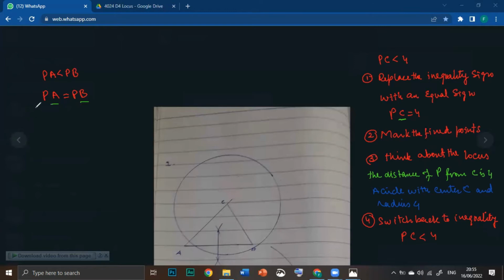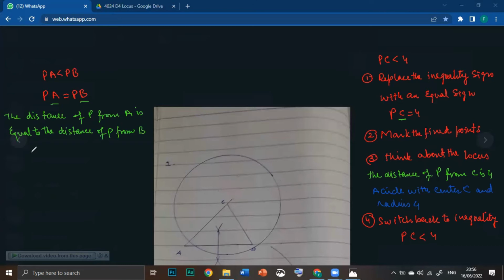How will we interpret this PA is equal to PB? Sir, it will be an angle bisector. No, first of all, we will write down the locus. The distance of P from A is equal to the distance of P from B. What should be the locus?